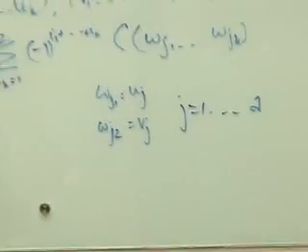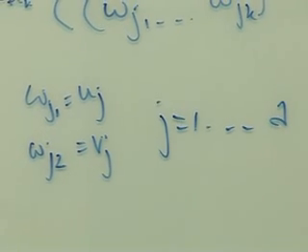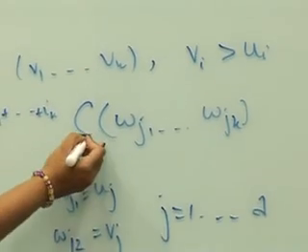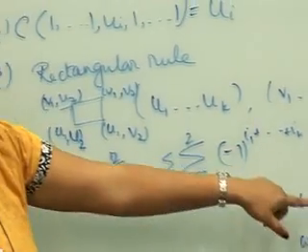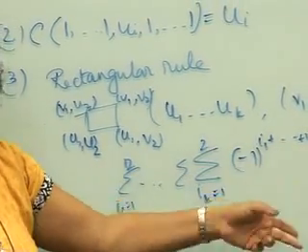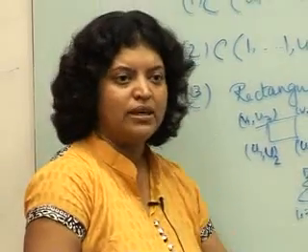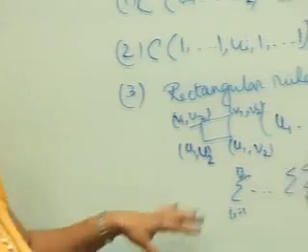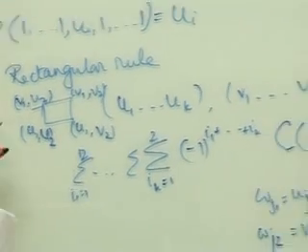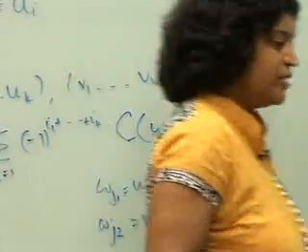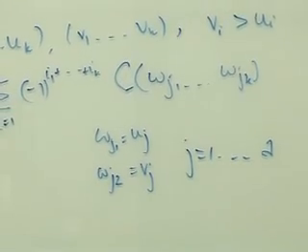So this is just writing this concept for d dimensions mathematically, that you take the copula function at all the v's, and then you make one of them u, and then you make two of them u, and so on, and accordingly there will be a minus 1 to the power however many you are making u's. So this is the way of writing that thing. But what I have in mind is that the rectangular inequality should be satisfied. And again, you see that because you want to match it to a CDF.